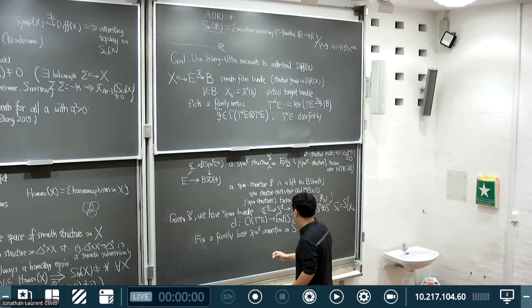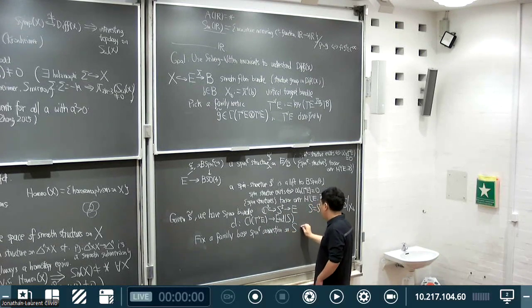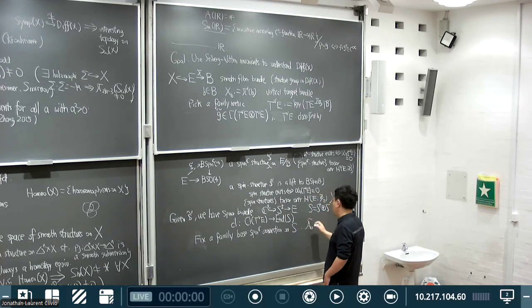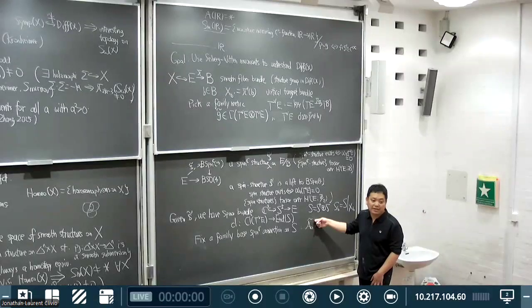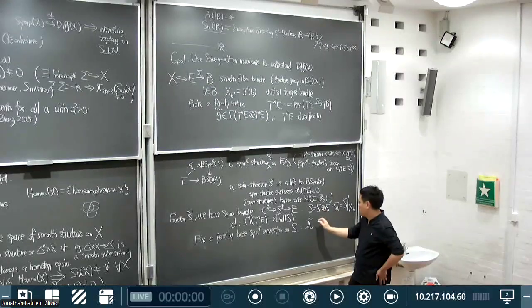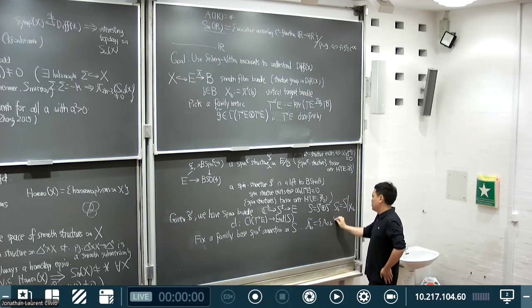I'm just going to denote it by A_0 tilde. Usually when I put tilde, I mean the family of them. Really it's just a base spin C connection on each fiber.